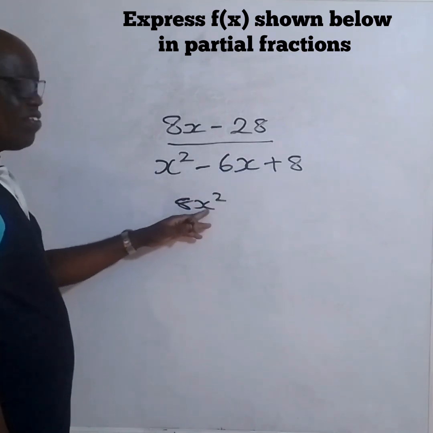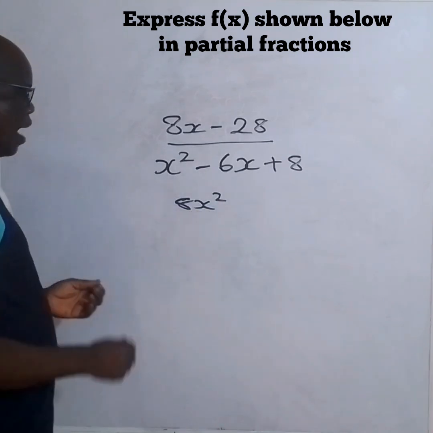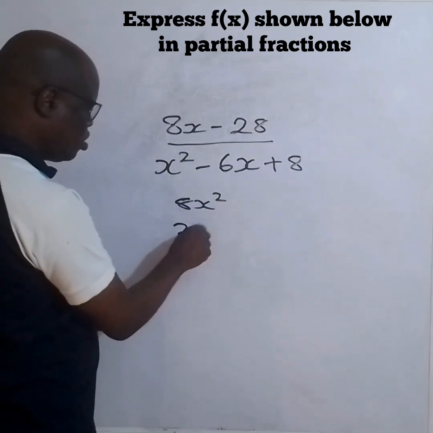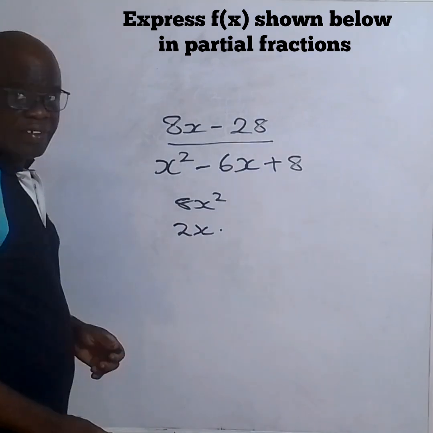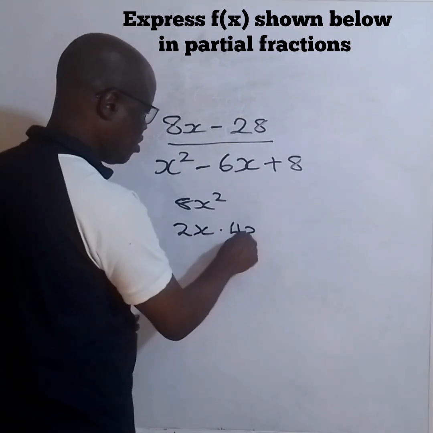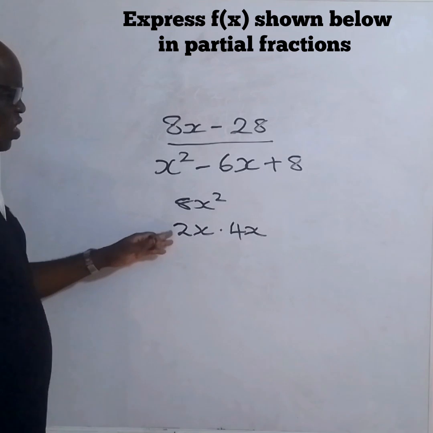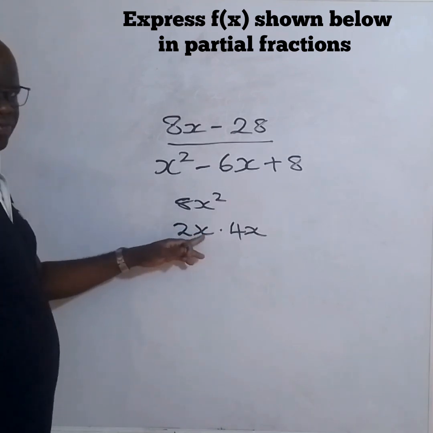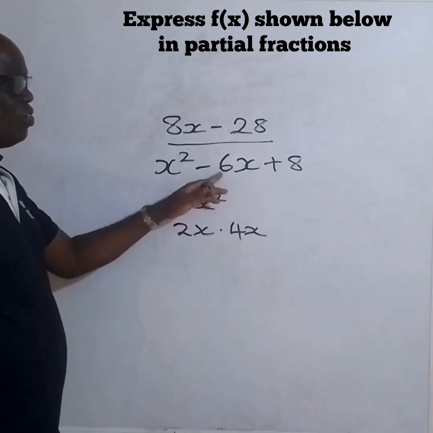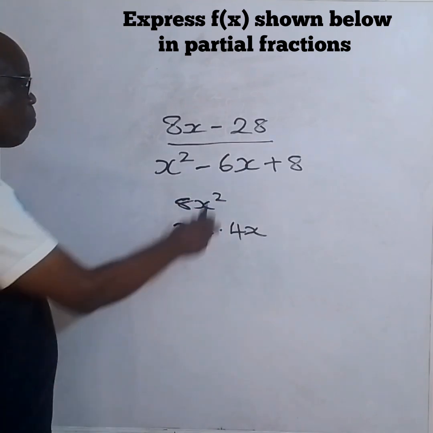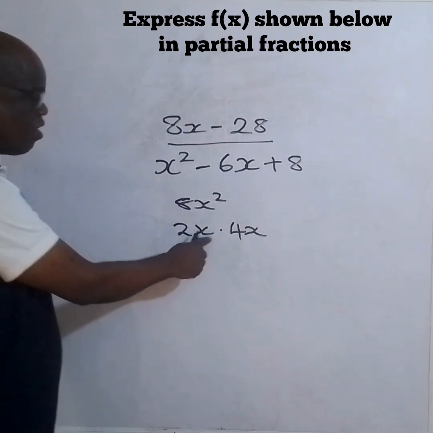Now, 8x squared is the same thing as 2x multiplied by 4x. So, if you put minus 2x here, minus 4x here, you will have minus 6x. So, replace this by minus 2x minus 4x.